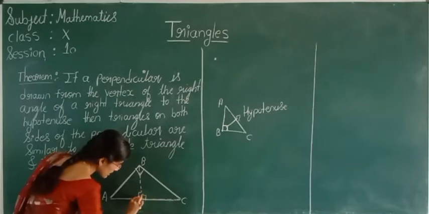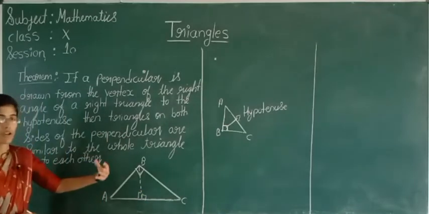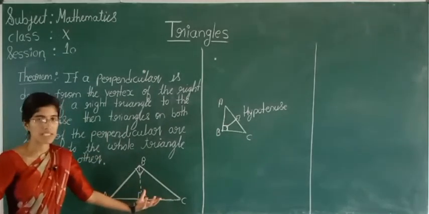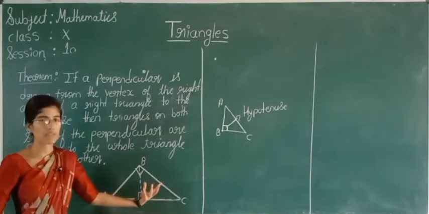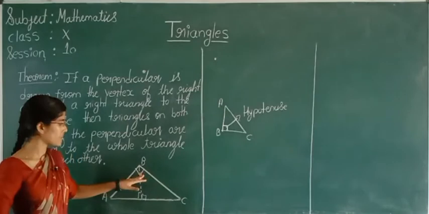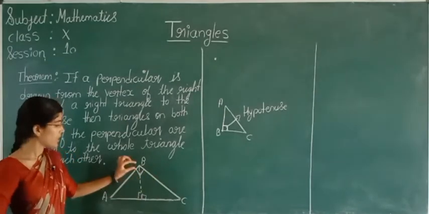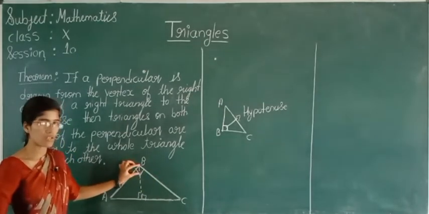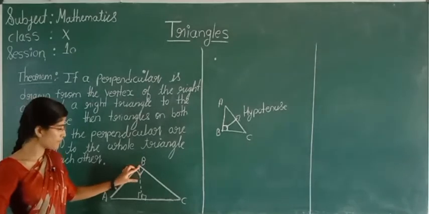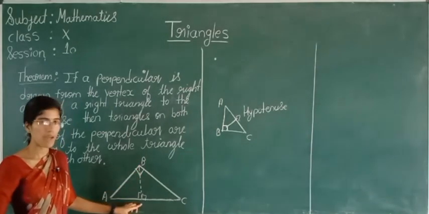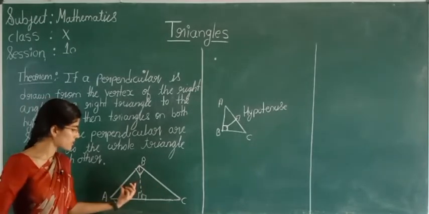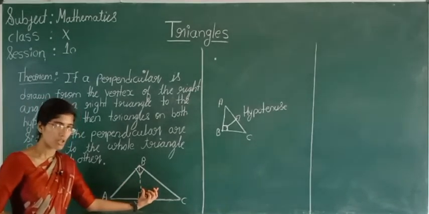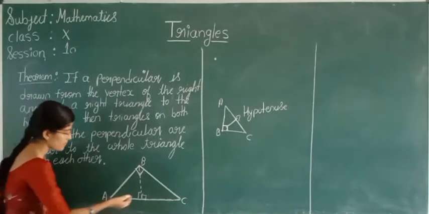So what this is telling is, if you take one triangle ABC with angle B as 90 degrees, and draw one perpendicular from B to the hypotenuse, then triangles on both sides of the perpendicular are similar.